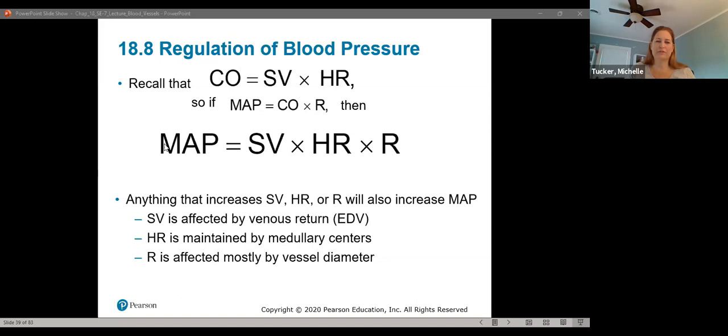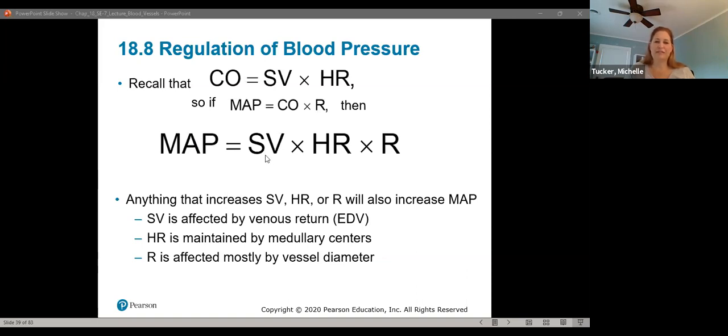Because chronic hypertension is going to damage our vessels and damage our heart, as well as other small vessels like in the eye and in the brain. And then a low blood pressure causes problems with perfusion of organs. So we need to keep blood pressure in a pretty constant or regulated manner.